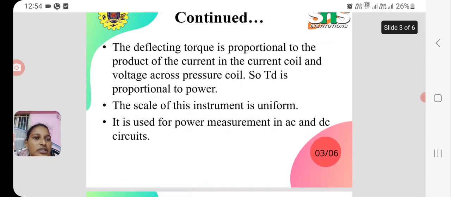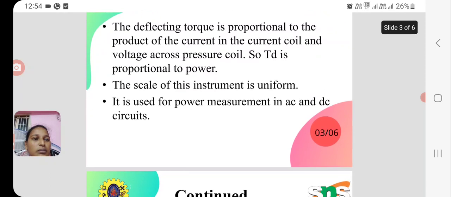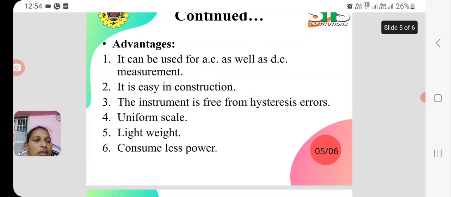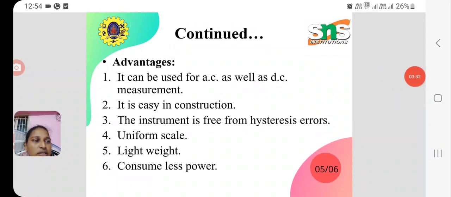The scale of this instrument is uniform, and this EDM type wattmeter is used for measuring power in both AC and DC circuits. The main advantages of this EDM type instrument are, as already discussed, it is used for both AC and DC measurements.